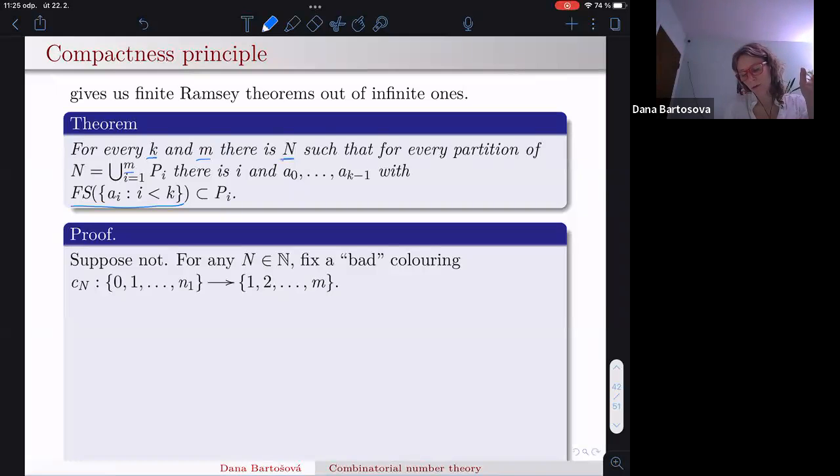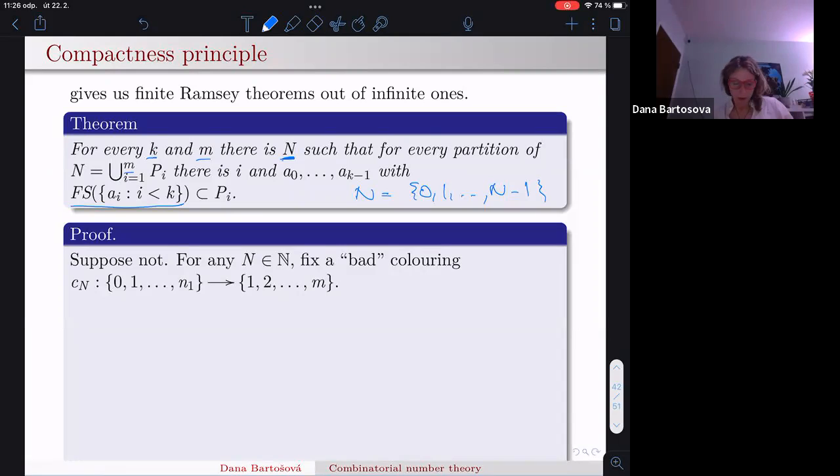But now the choice of how far in natural numbers I have to go to satisfy this partition theorem does depend on how many pieces I have. So now I have to quantify over that as well. So for every k, for every m, there is some natural number n such that no matter how I partition it, and here I'm identifying n with 0, 1 up to n minus 1, as we usually do in set theory, there is some piece of the partition that is going to contain finite sums of some set of cardinality k.